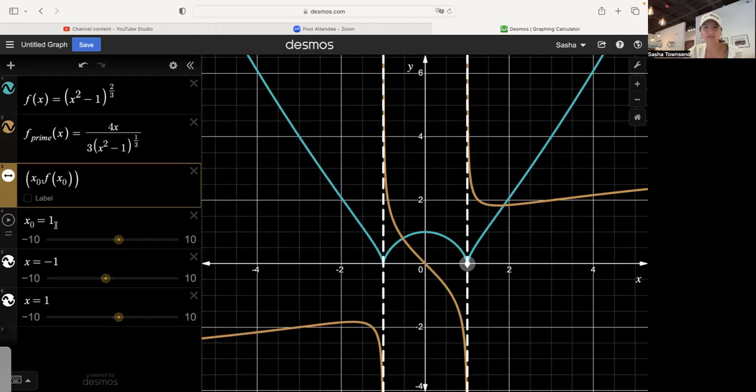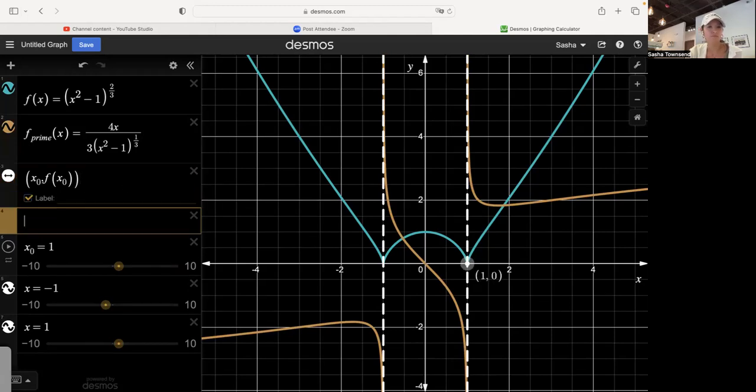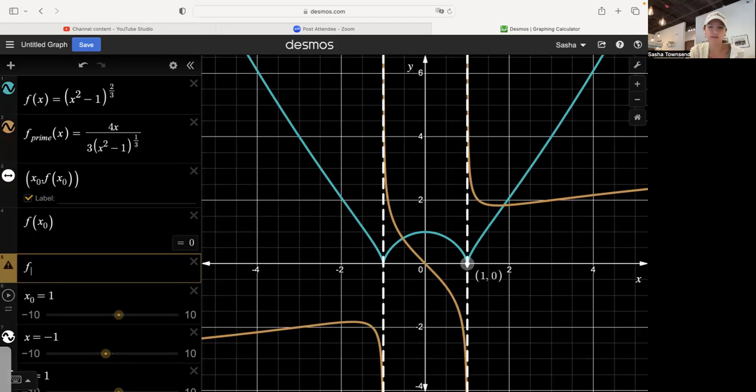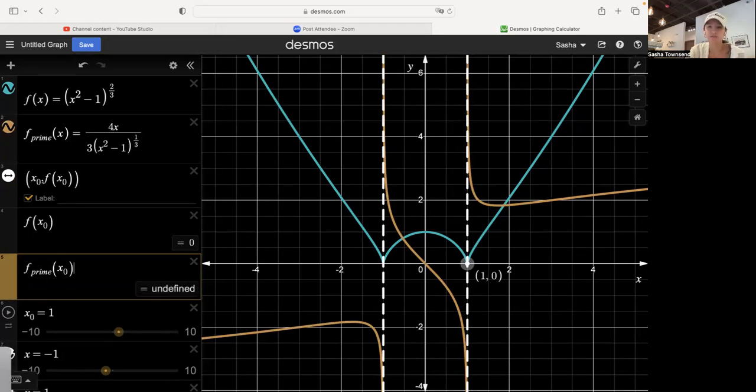So at x naught equals 1, the y value is equal to 0. I think I want to have f of x naught just shown right there, and f prime of x. See, it's undefined there.